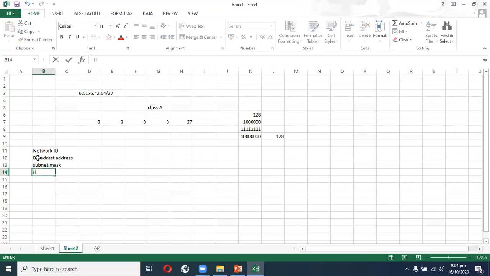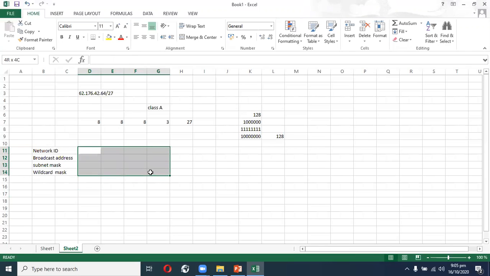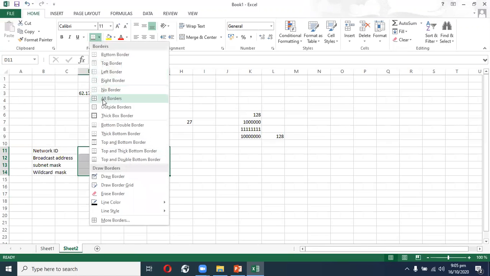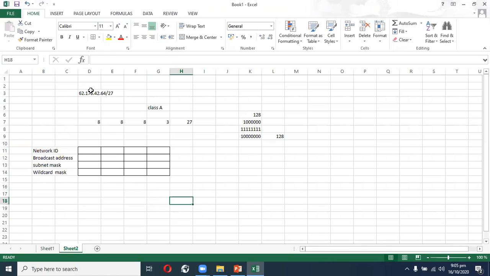Fourth is the wildcard mask. So for this IP, we need to find all these four. Let's make a table. We need to find the network ID, the broadcast address, subnet mask, and wildcard mask.